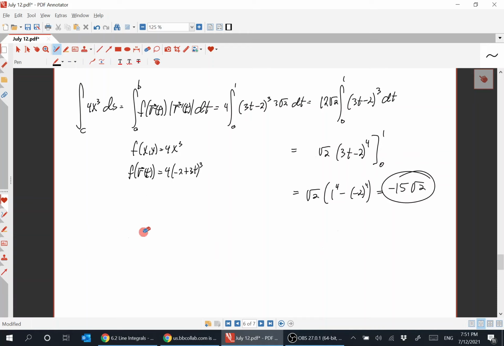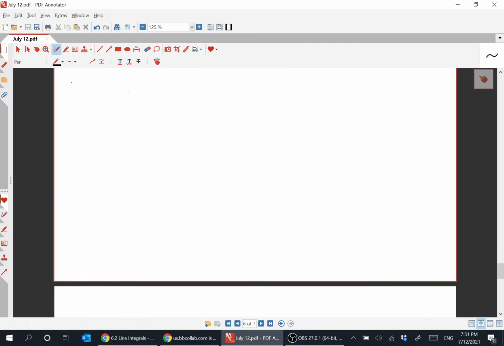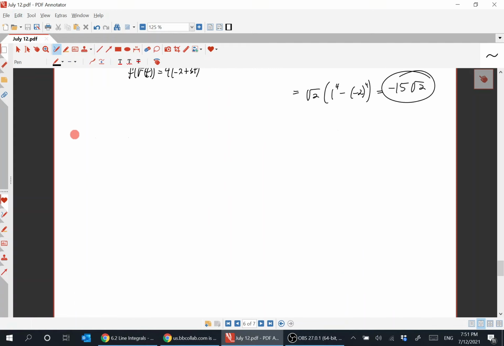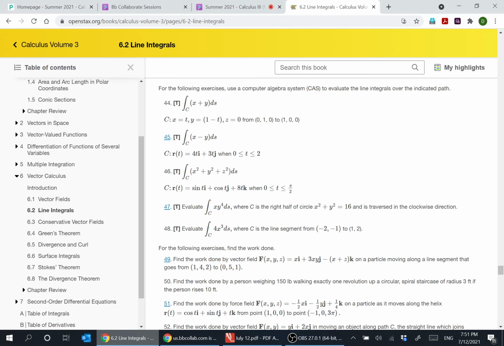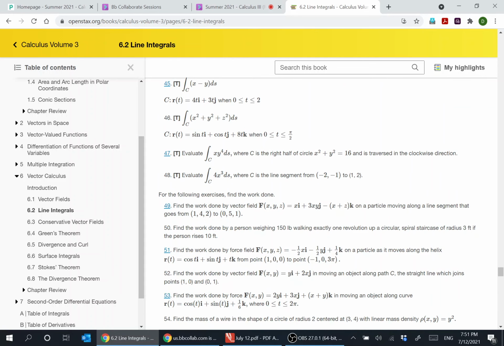All right. 48, 49. All right, so this is a vector field line integral. Again, they're doing line segments.